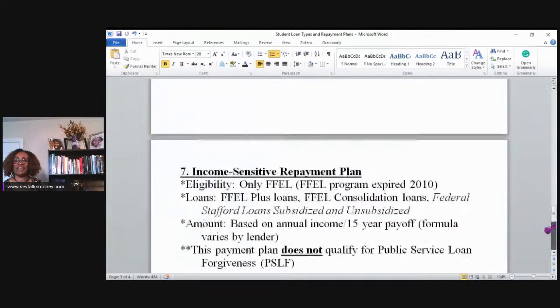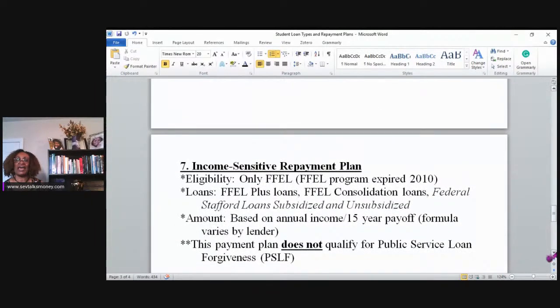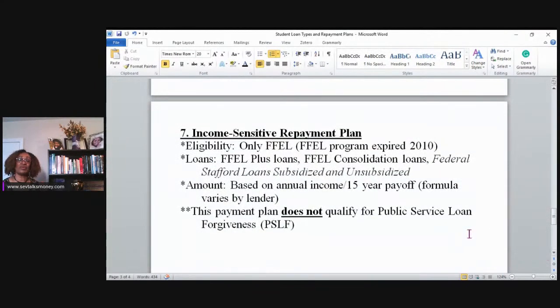All right, so number 7 is the last one, and this one is the income sensitive repayment plan. Now, this one only applies to the federal family education loan plan, and I don't think I explained what that plan was before.